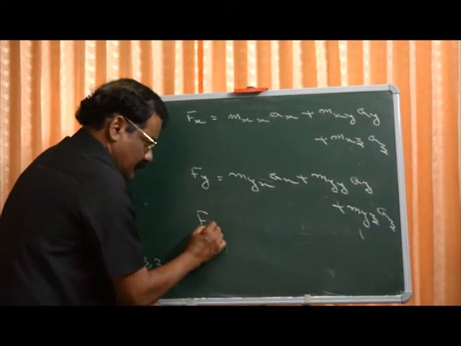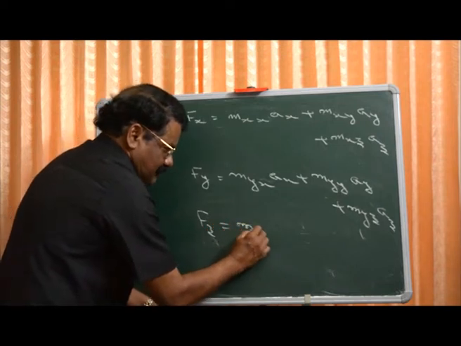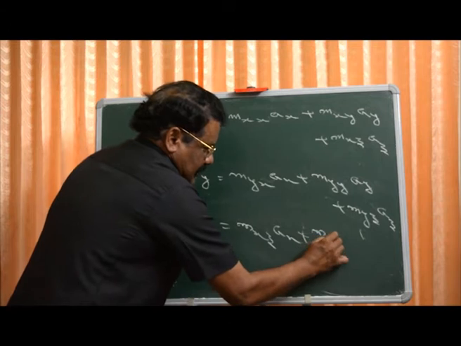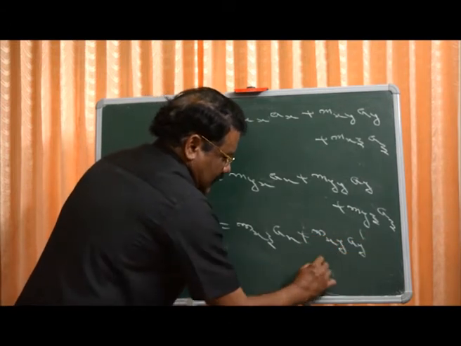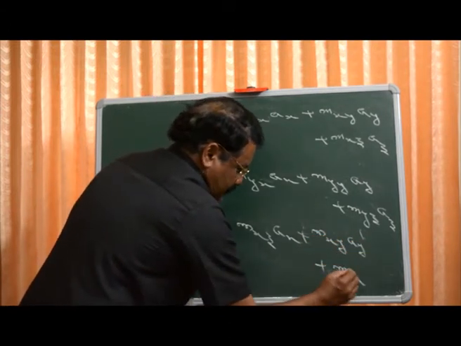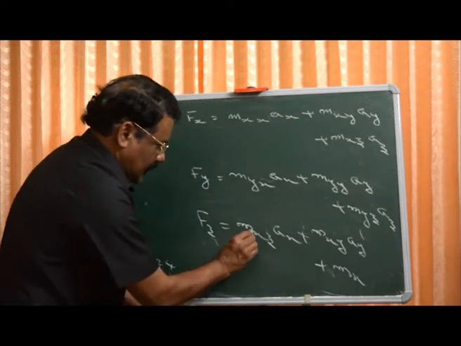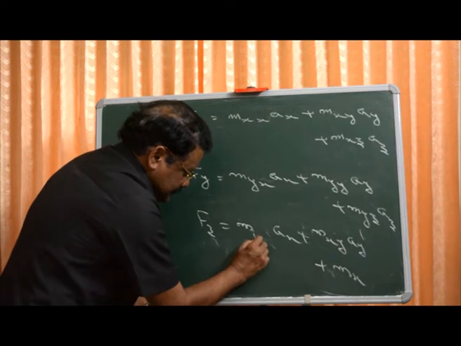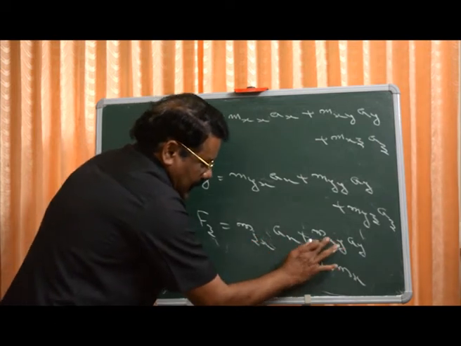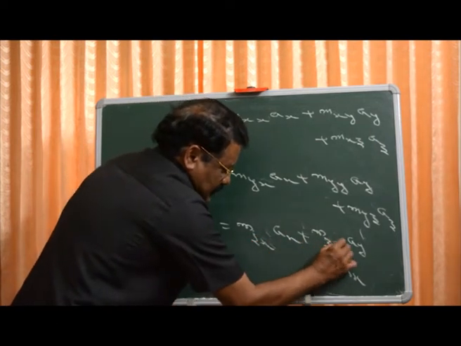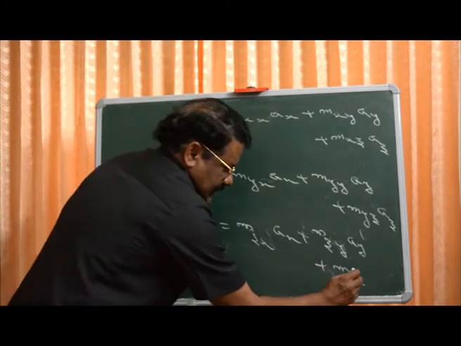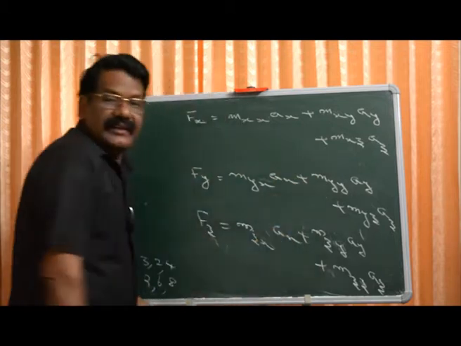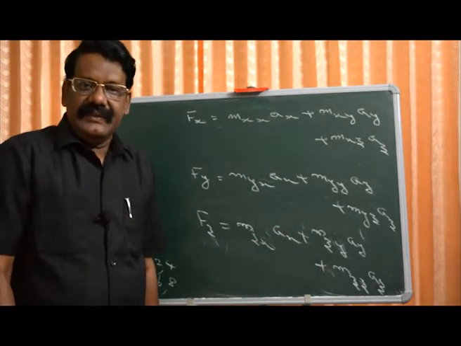Similarly, Fz is equal to mxz ax plus mxy ay plus, sorry, I made a mistake. Fz is equal to mzx ax, this is mzy ay, and the last one is mzz az. This is a generalization.